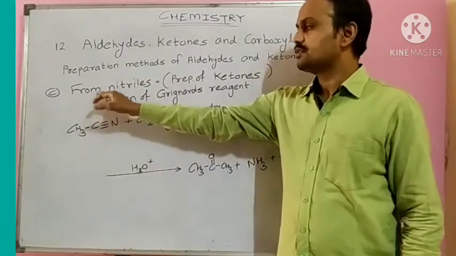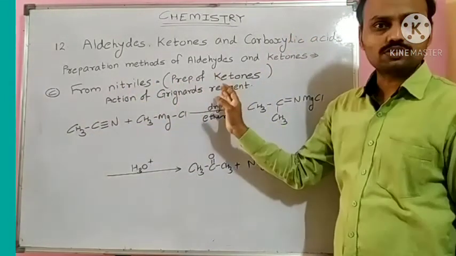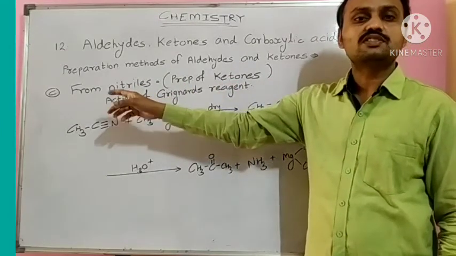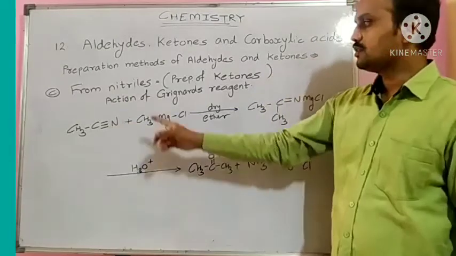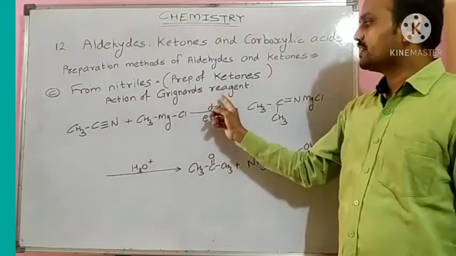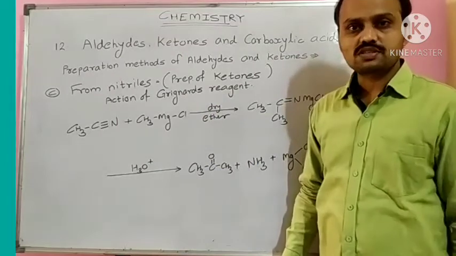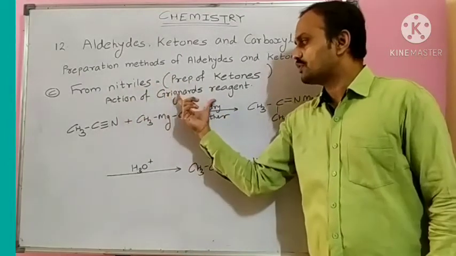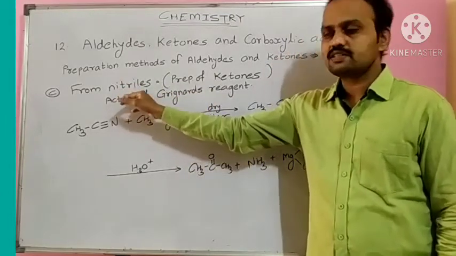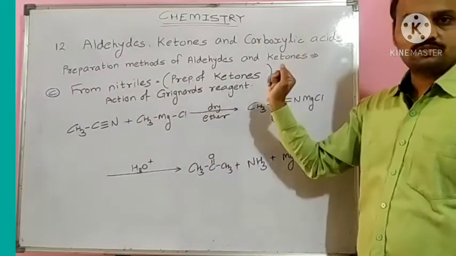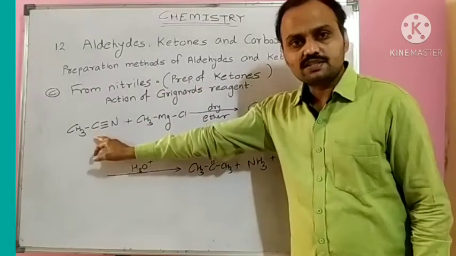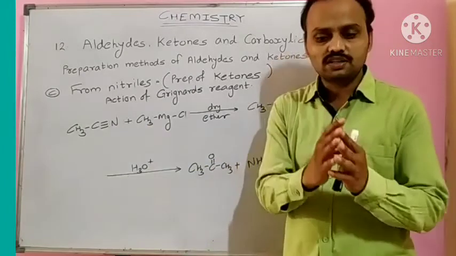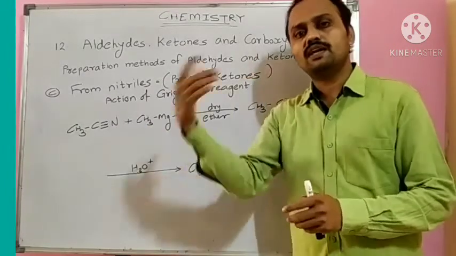Next is methods of preparation of ketones from nitriles. Nitriles are nothing but C triple bond N. Action of Grignard's reagent is a very important step in this reaction. We perform the action of Grignard's reagent on nitriles and we get ketones. Grignard's reagents are nothing but alkyl magnesium halides.